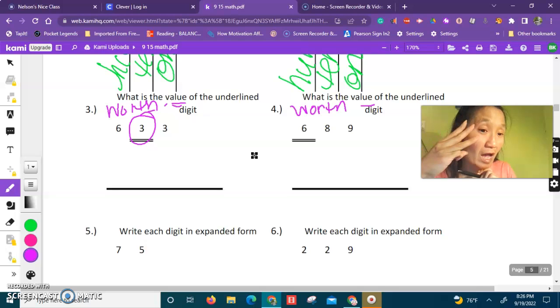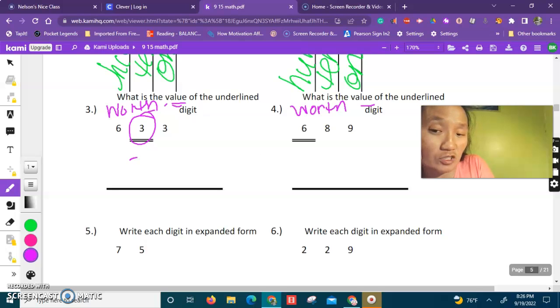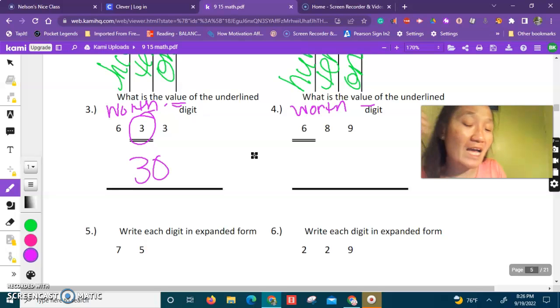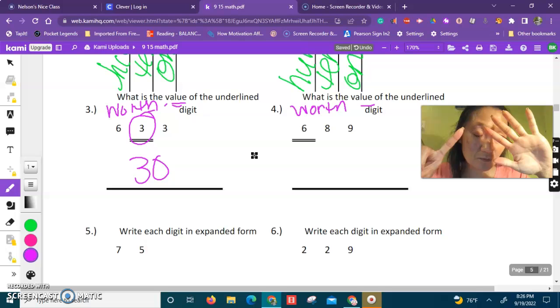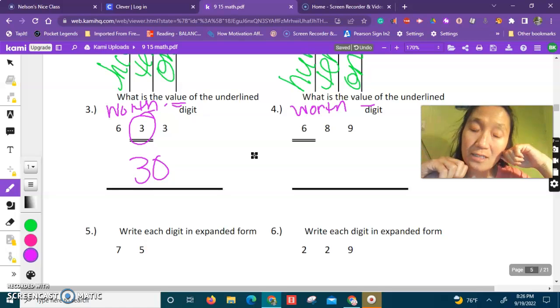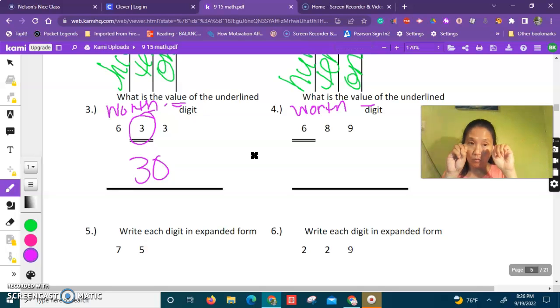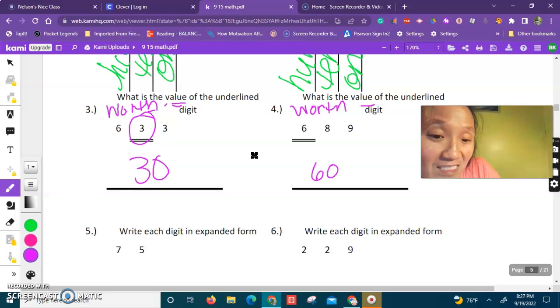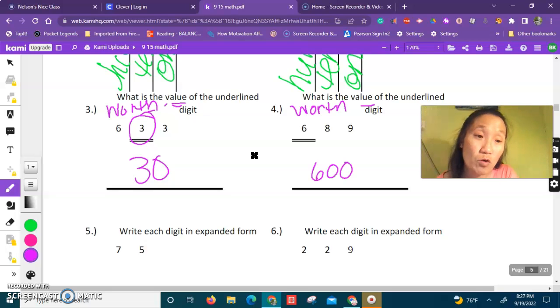So I have 30. I have 6 pieces of paper, and each is worth 100 because it's sitting in the hundreds place. 100, 200, 300, 400, 500, 600, worth 600. That's the value. That's what it's worth.